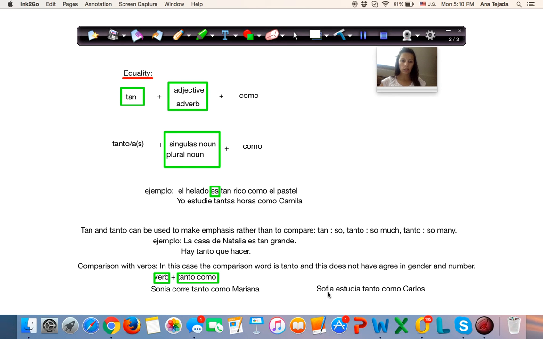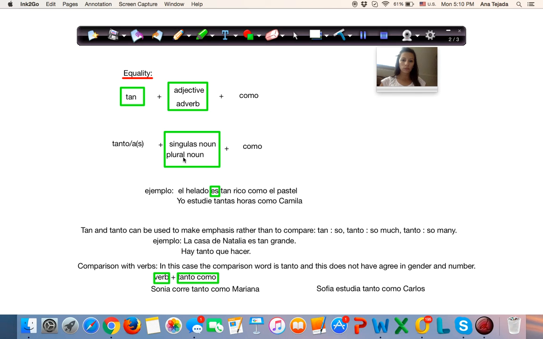Sofía estudia tanto como Carlos. Since these are verbs, we don't have to worry about deciding whether it's going to be tan or tanto. With verbs, we are always going to use tanto, and it's always going to be masculine and singular. Like you can tell, we have the verb correr and estudiar, and for both cases, we use the word tanto.